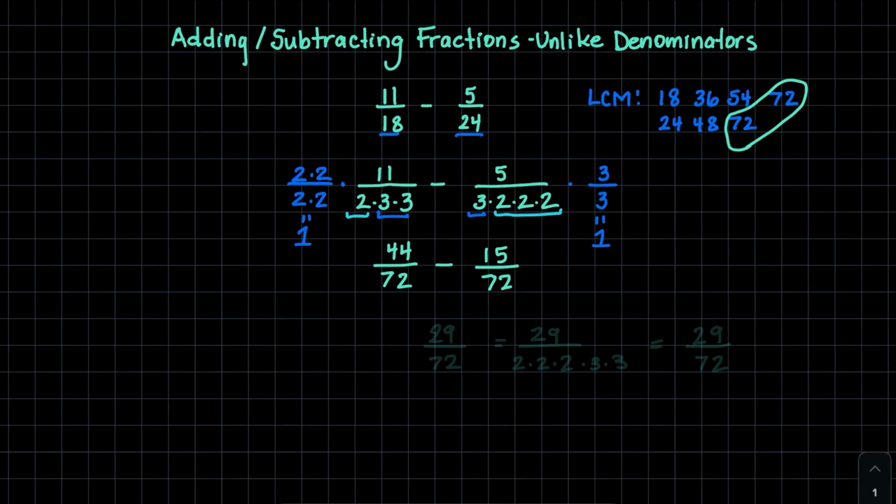So 44 minus 15, now that I have the same size pieces, is 29 over 72. I have 29 of those pieces. Now 29 is prime, so I don't even need to worry about trying to simplify it.